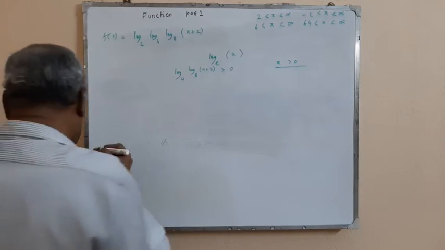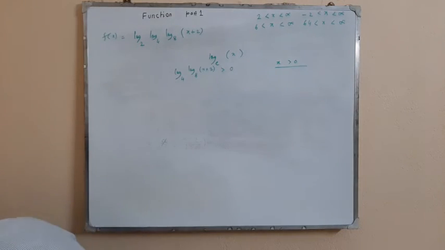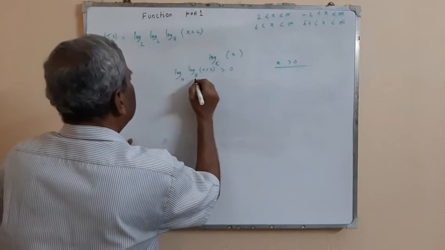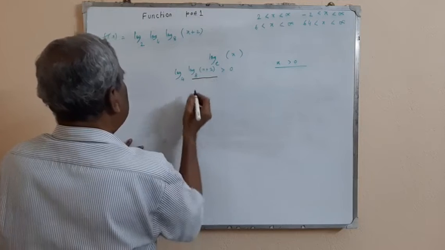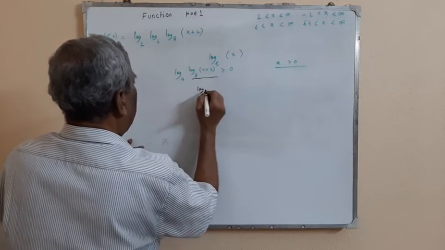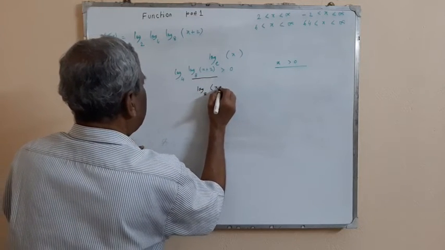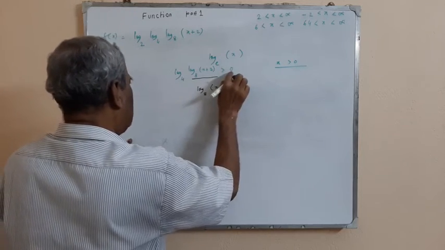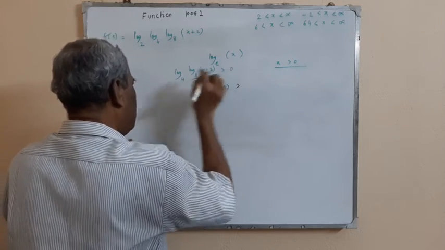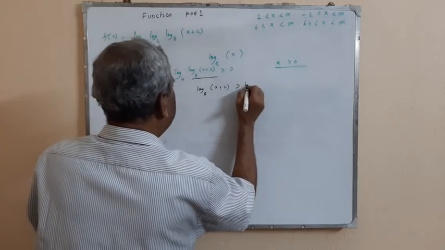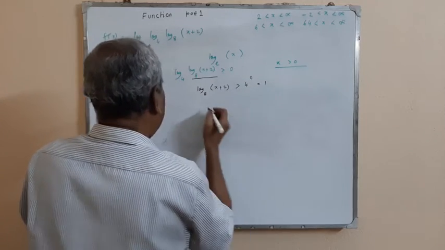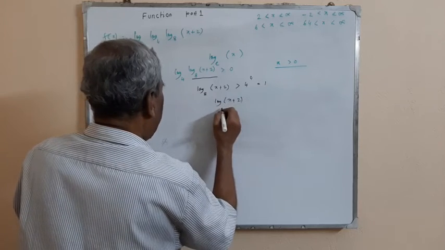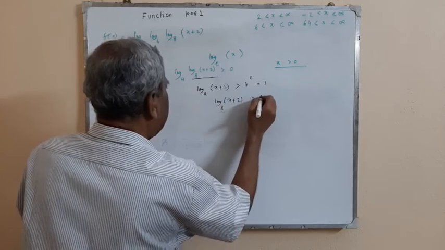Now from this we can very easily find that log base 8 of (x plus 2) should be greater than 4 to the power 0. 4 to the power 0 is 1, by the property of log. That is, log of x plus 2 base 8 is greater than 1.